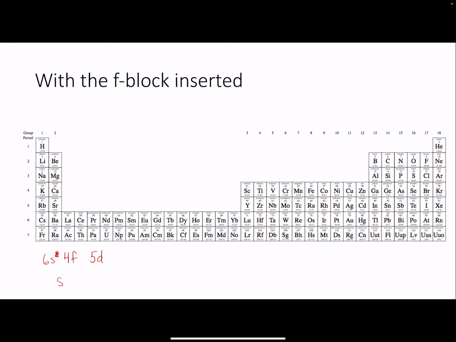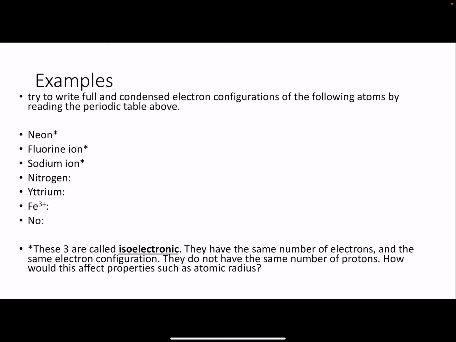So it goes from S to F to D after the D orbital. So we've got S, F, D, and P. Okay, and then it goes back to 6P in this case, if we're looking in that 6th row. So everything is in order.